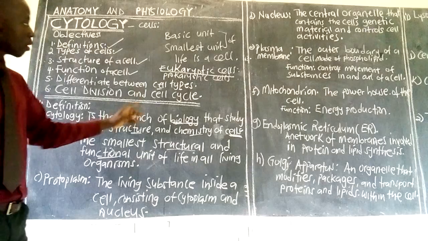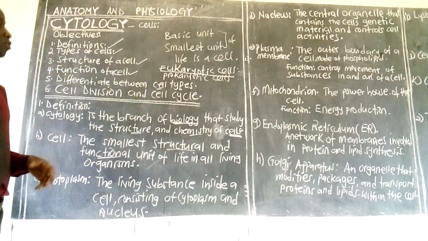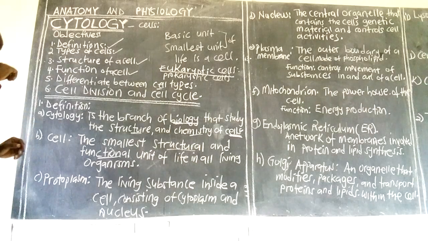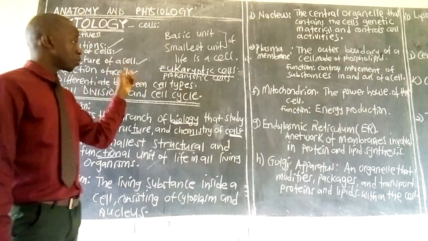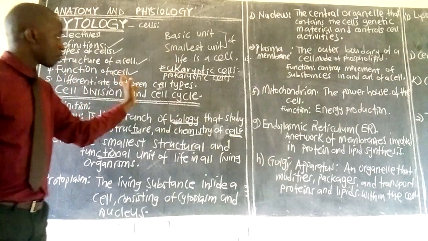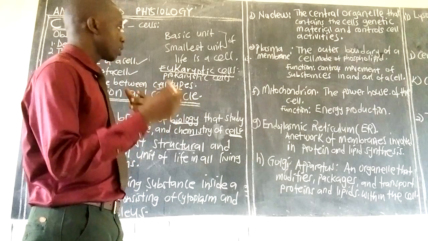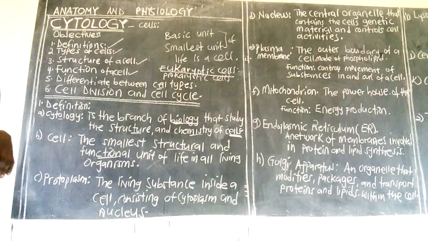We have eukaryotic cells and prokaryotic cells. Our main focus is going to be on eukaryotic cells, though we are going to just have a light look at prokaryotic cells so that we can easily distinguish these types of cells.